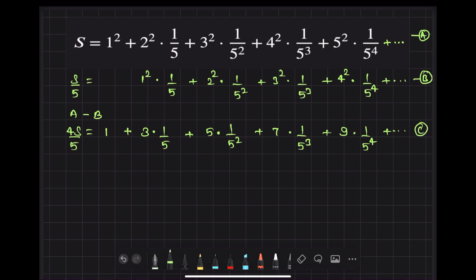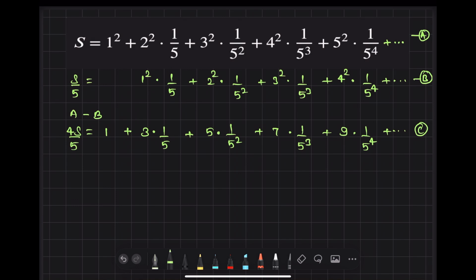So again what we have to do, we have to handle this series. If you observe, it is again AGP. So 1, 3, 5, 7, 9, and then you will have 1 by 5, 1 by 5 squared, 1 by 5 cubed. These are in GP. So it is AGP.